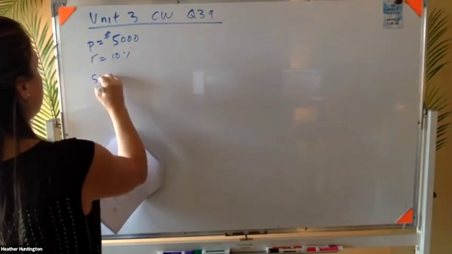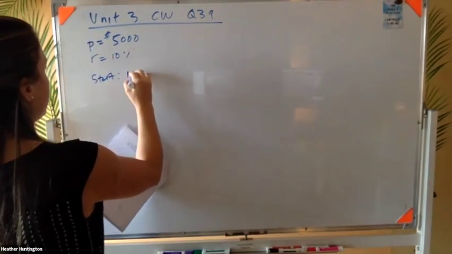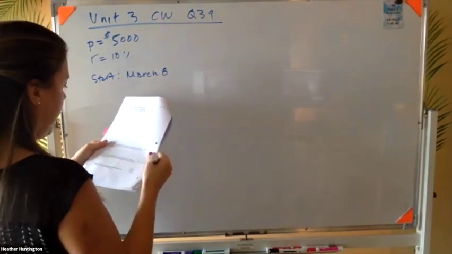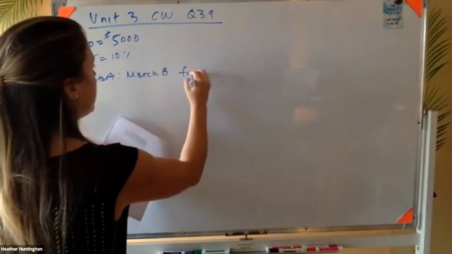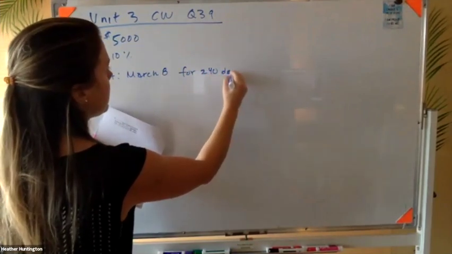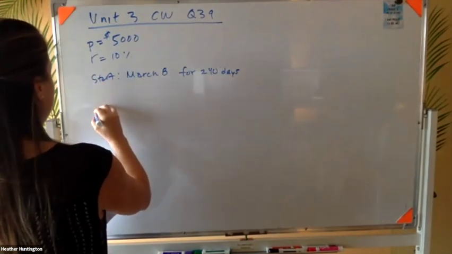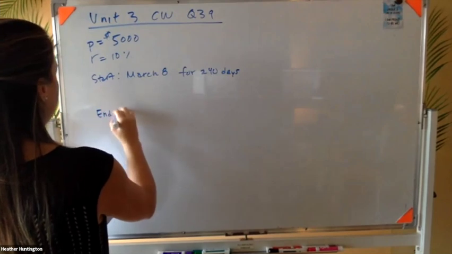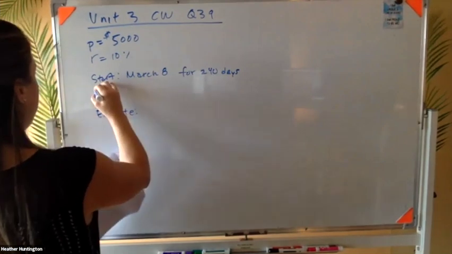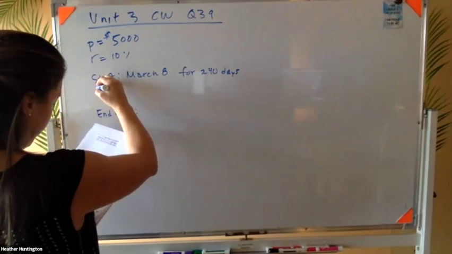So the start is March 8th, and it's for 240 days. So the end date we have to figure out, but we have partial payments. We have 2 of them.